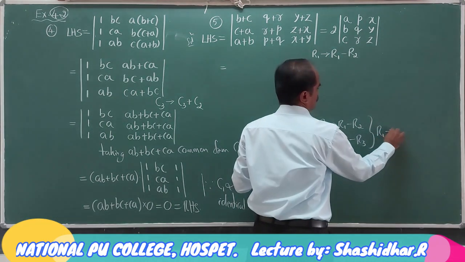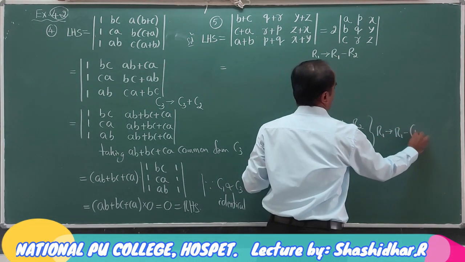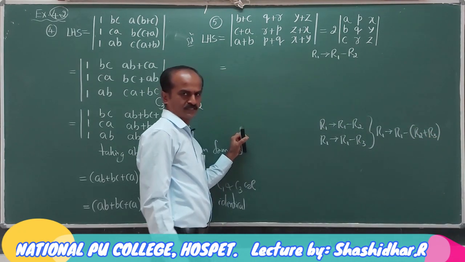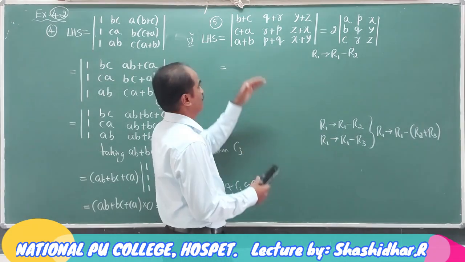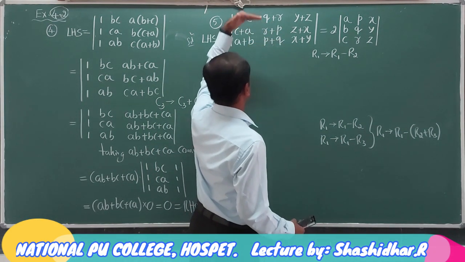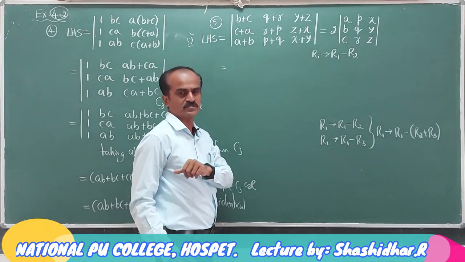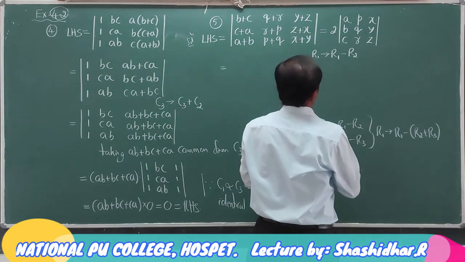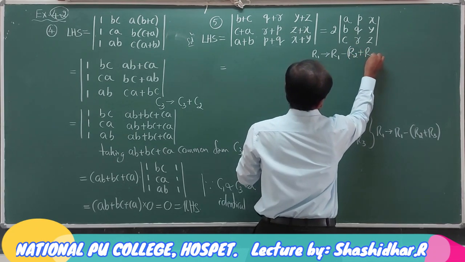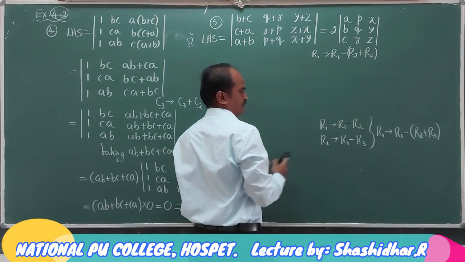R1 changes to R1 minus of R2 plus R3 I can write at a stretch. That is, first add second and third row elements, subtract that sum in first row. So here I write R1 changes to R1 minus (R2 plus R3).